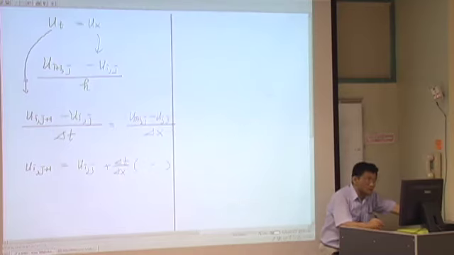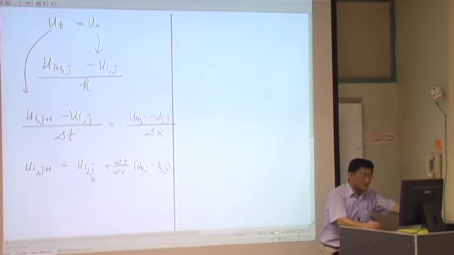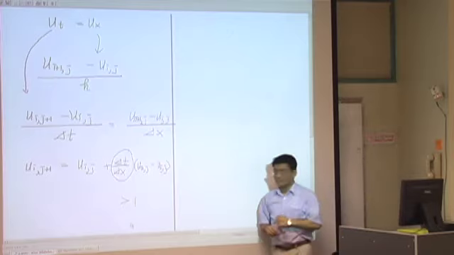Take a look. This value comes here, u i plus 1 j, u i j is the case. But assume that this kind of value is too big. If this kind of value is like over 1, right?